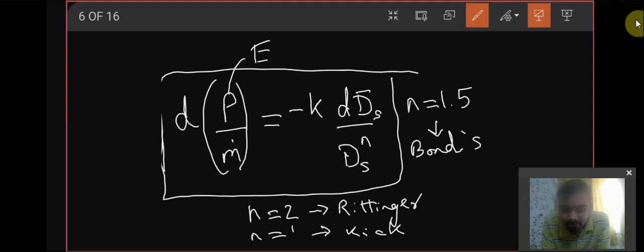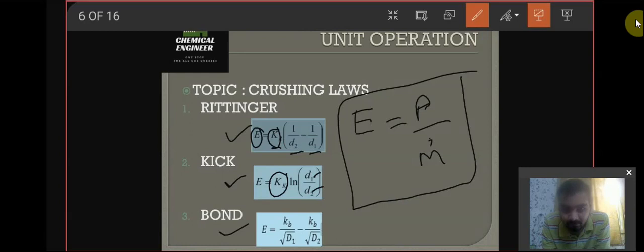I am not going to do the derivation or integration here, but this is a general formula you should always remember. This n is the value we are changing, so note it down and let's move further. One question may be asked in your GATE exam related to these three laws.